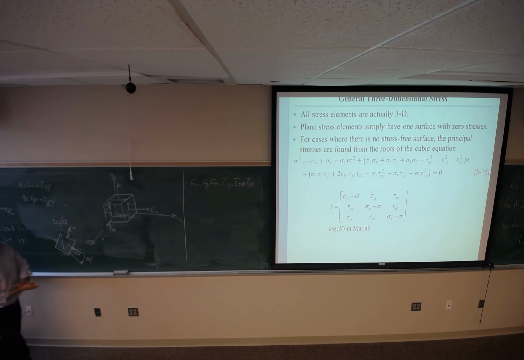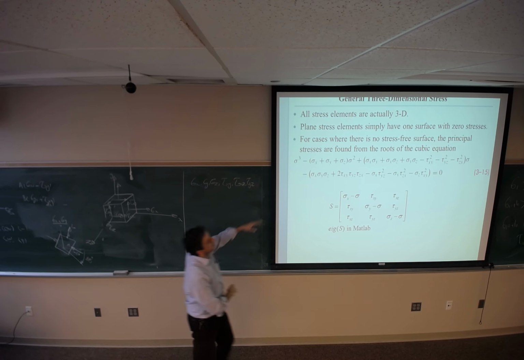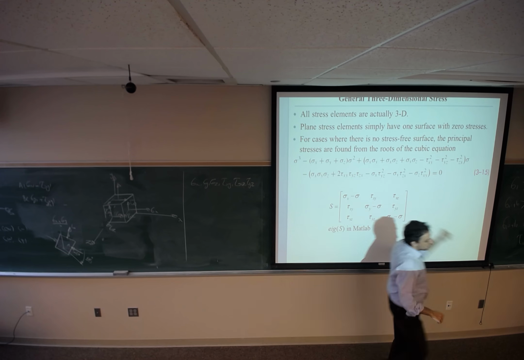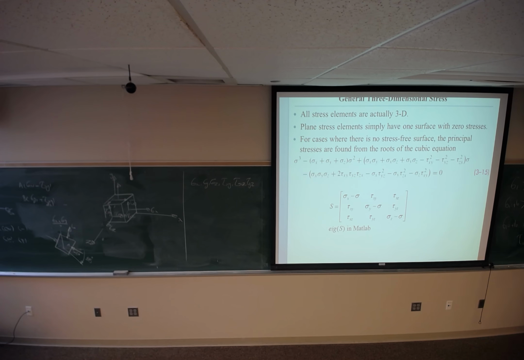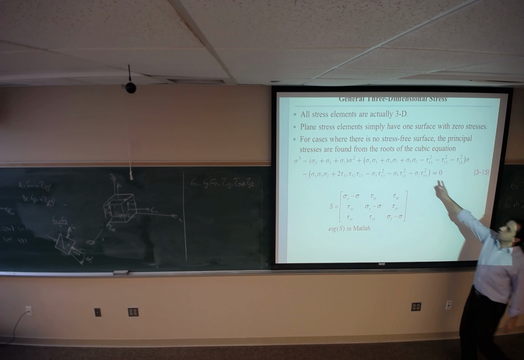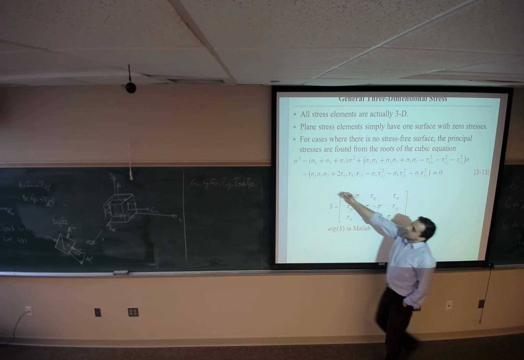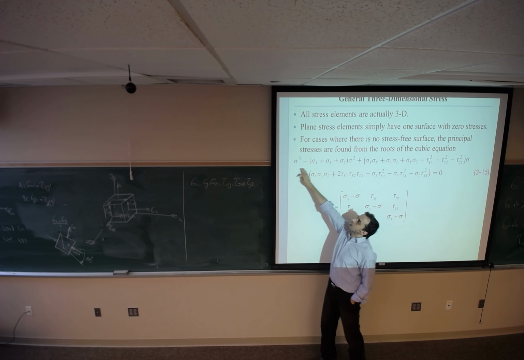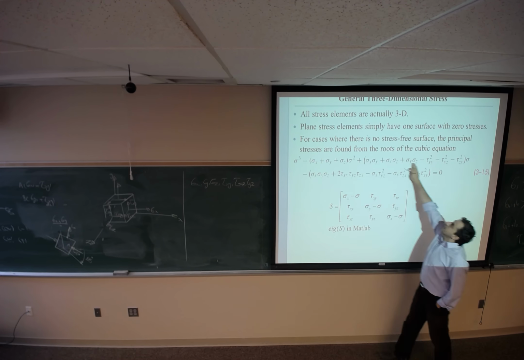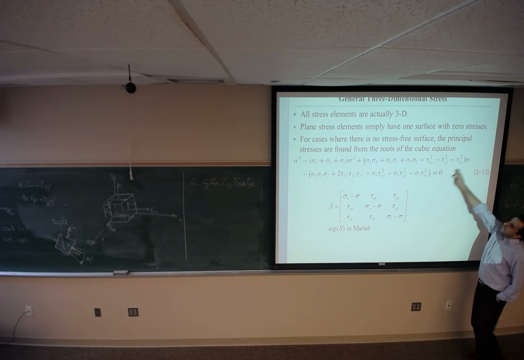To find the principal normal stresses, you should find the roots of this cubic equation. If you look at equation 3.15, it's a cubic equation with sigma cubed, sigma squared, sigma, and a constant part.